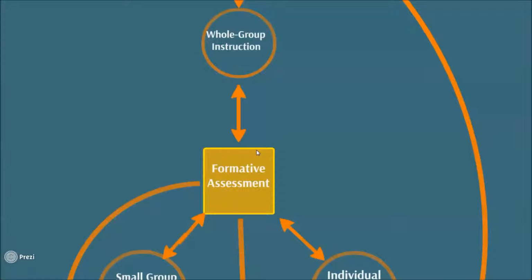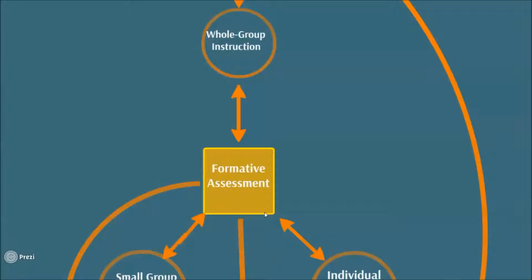The reason that I have a two-way arrow between formative assessment and whole group instruction is because sometimes, based off the formative assessment, I might find that the entire class as a whole needs some remediation in that concept, and it really did not reach the standard that I wanted them to for that lesson.